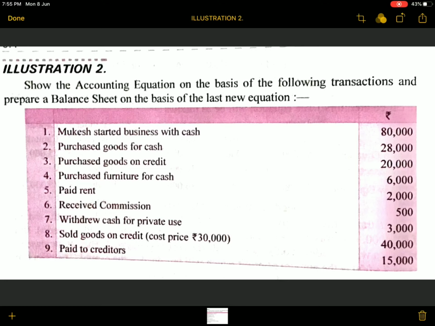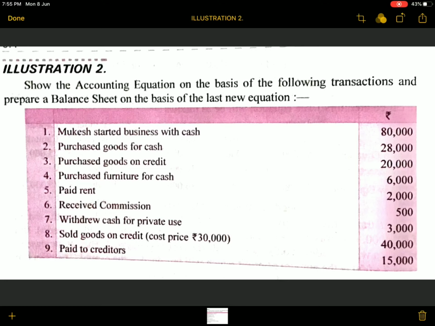From the stock account, 30,000 is going out, and it becomes a debtor. Selling price is 40 because when a debtor pays, she will give 40,000, not 30,000, because 30,000 is our cost price. The profit is added to the capital account.